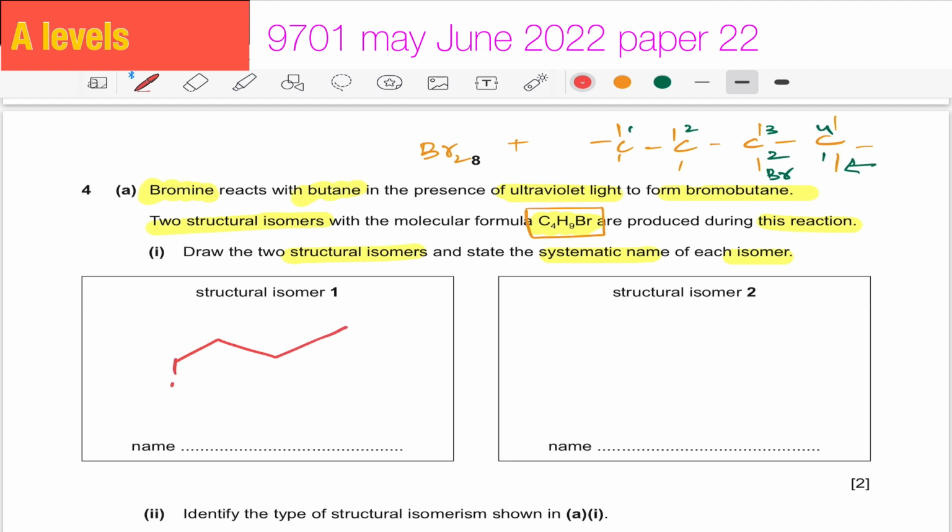And if we have a Br on the first carbon atom, the name of the compound is 1-bromobutane. And then it can be on the second carbon. So 1, 2, 3, 4. Again, we have 4 carbon atoms, and this time bromine is on the second carbon. So that would be 2-bromobutane.